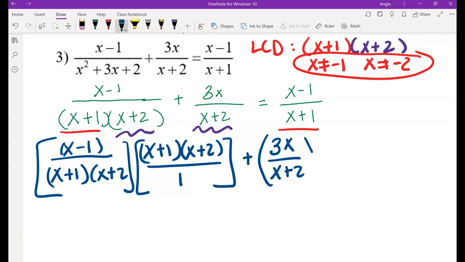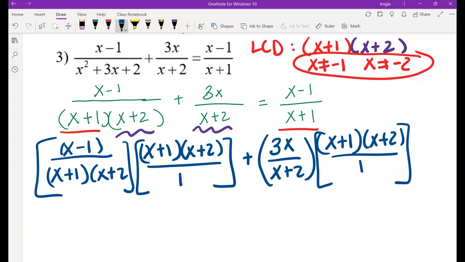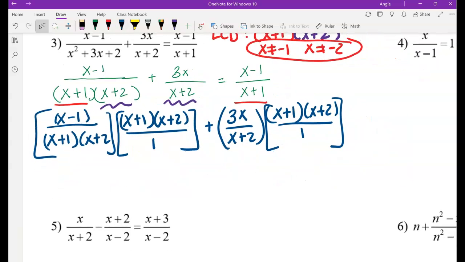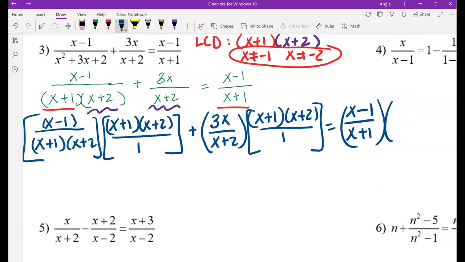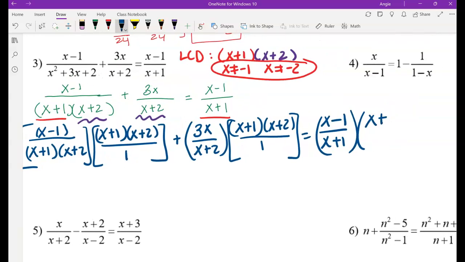And again, put a big old parentheses or bracket if you want. Your LCD is (x plus 1) times (x plus 2) over 1. You don't need to write over 1, but if that helps you out, equals your third term, and then your LCD again is (x plus 1) times (x plus 2) all over 1, like that.